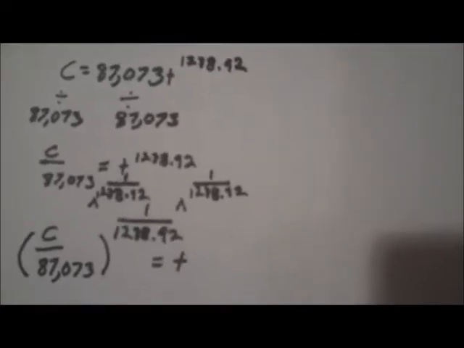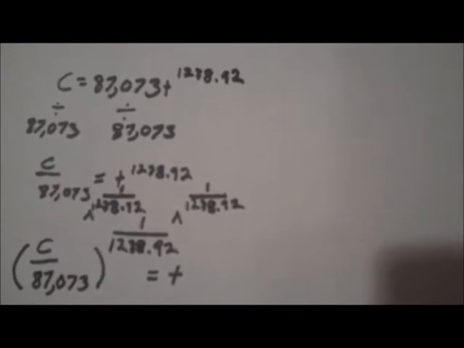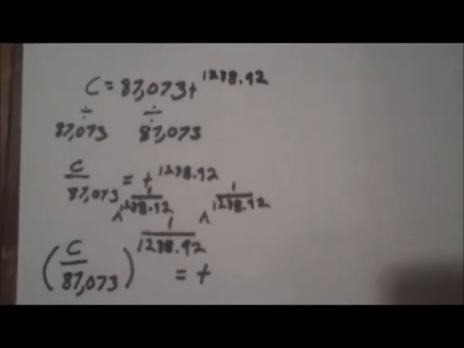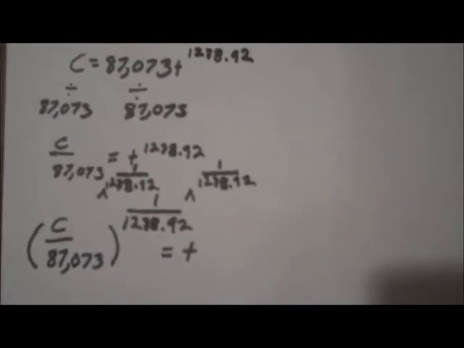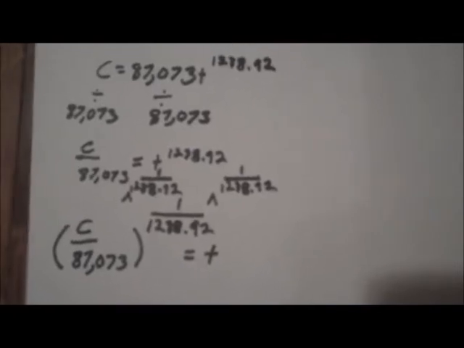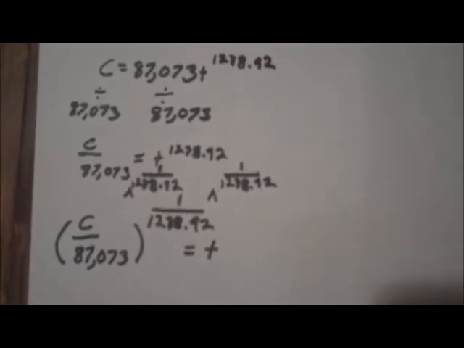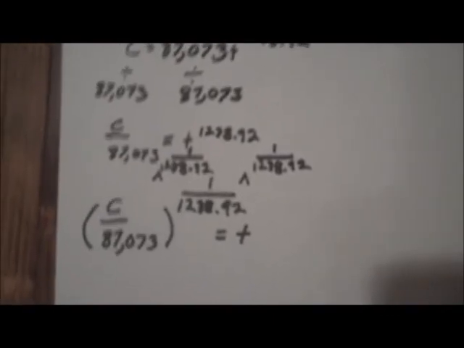So, first of all, you should not switch the variables in this case, just solve for t. And then you do that by first dividing by 87,073, which gets you C over 87,073 equals t to the power of 1,288.92.